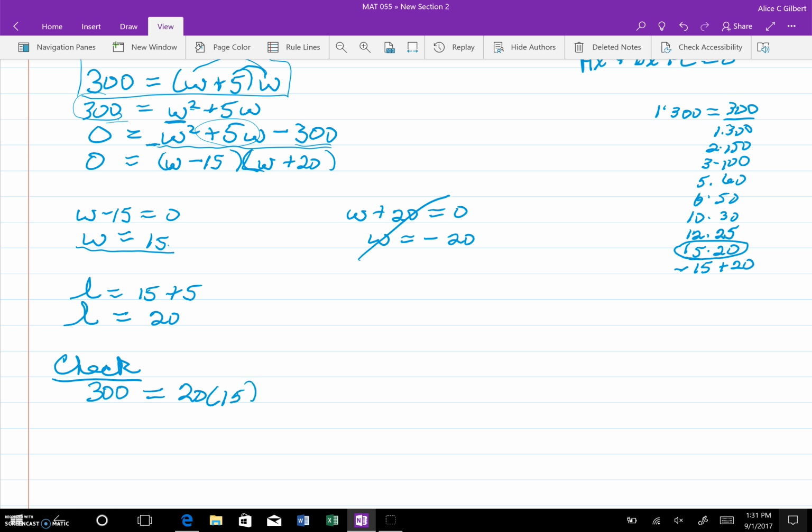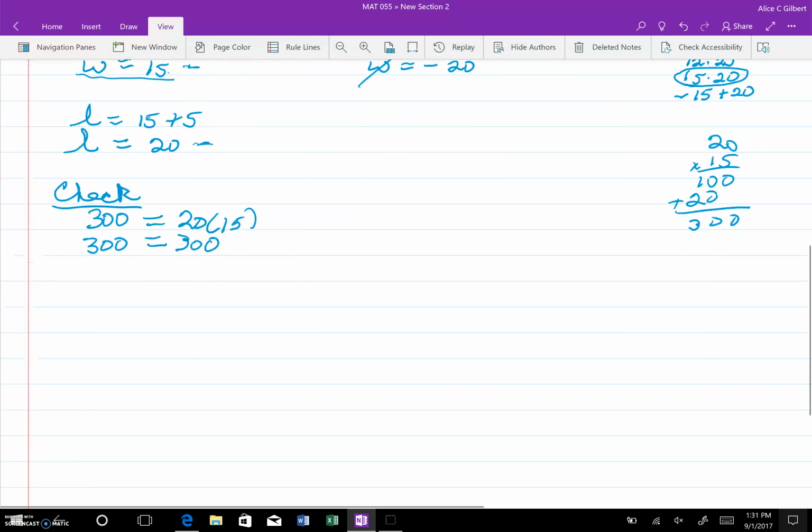And so now we've got 300 equals 20 times 15, that's 0, 100, 200. Add these up, 300. Okay, so 300 equals 300. So this is my width, and this is my length.